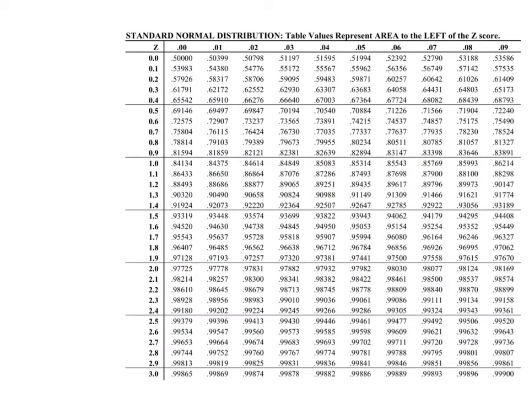So we now move to what we call our standard normal distribution table. If you look down the left here, the top of that column says Z. So all these here are our z-scores. We're looking for a z-score of 1. Remember, that refers to the one standard deviation.